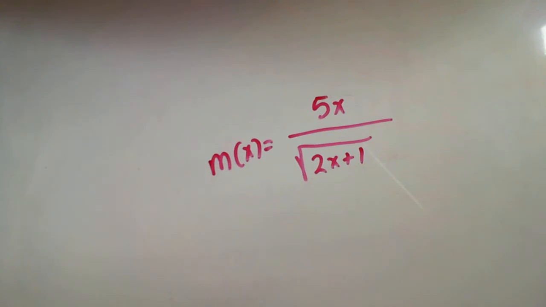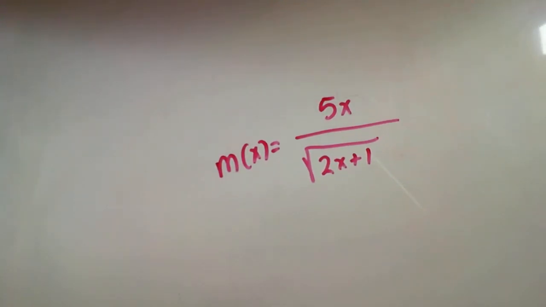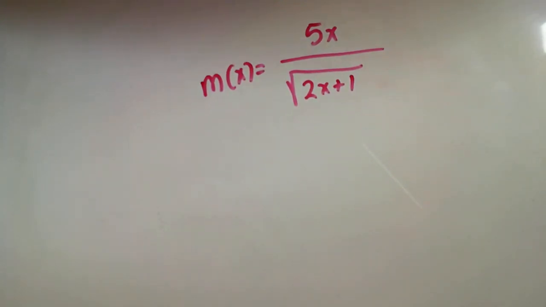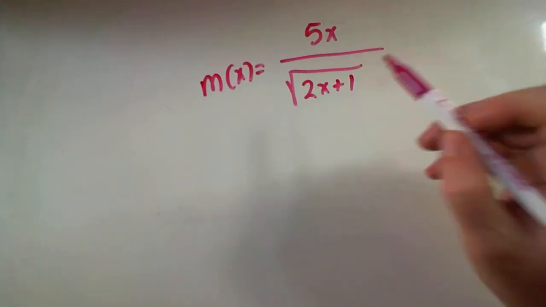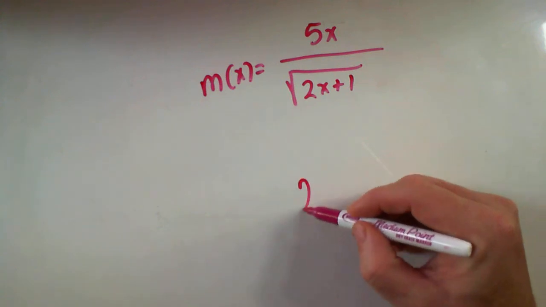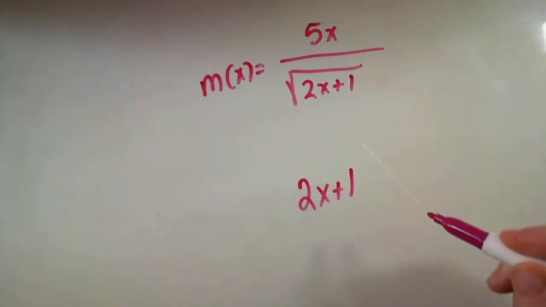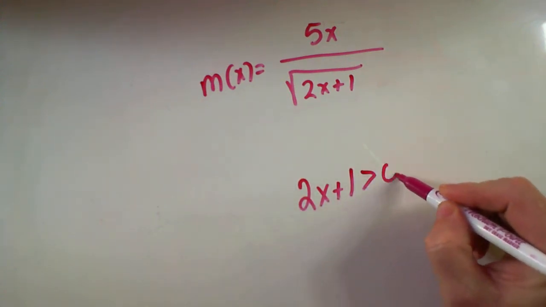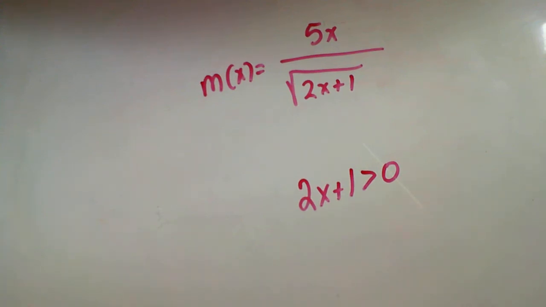Our last one on this set, in example 1, says that m of x equals 5x divided by the square root of 2x plus 1. Here we have a radical in the denominator. So the 2x plus 1 must be greater than or equal to 0, but because it is in the denominator, it cannot equal 0. So we take that 2x plus 1 and we just set it greater than 0, not greater than or equal to.